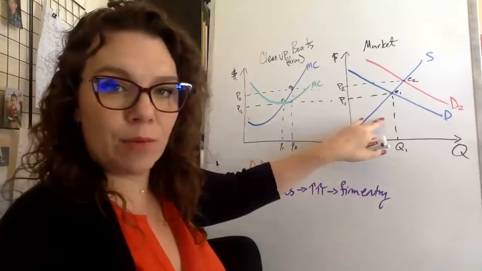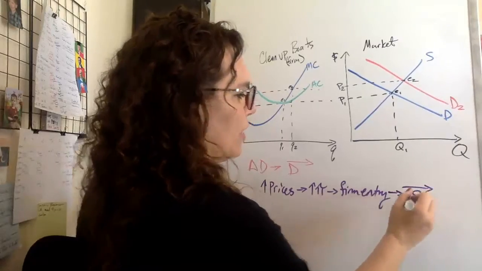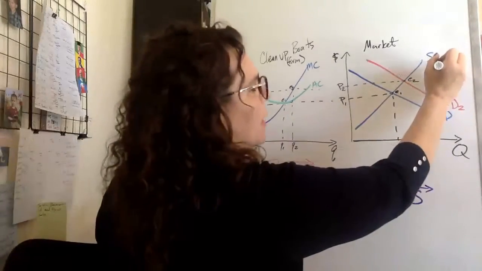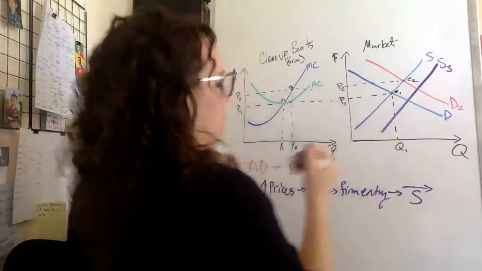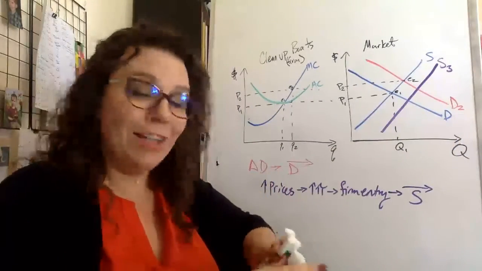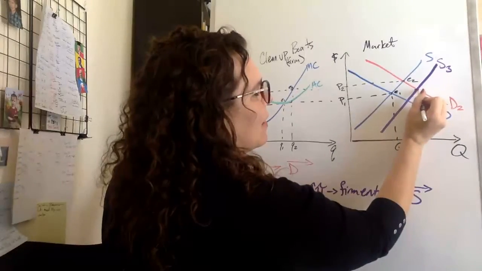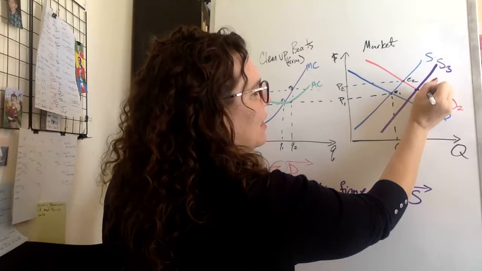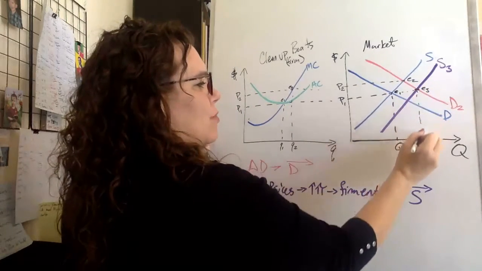And an increase in the number of firms is going to shift that supply curve out. That's a non-price determinant of supply. So we get a new supply curve. We're going to label it S3. And we get a new equilibrium point. That's going to be over here at E3, which is actually the same price as before.